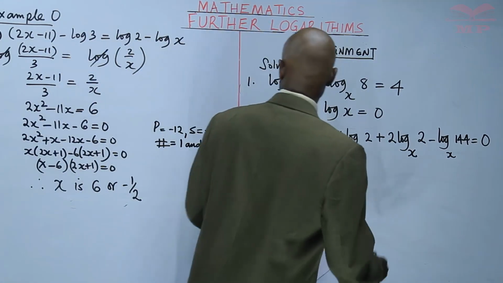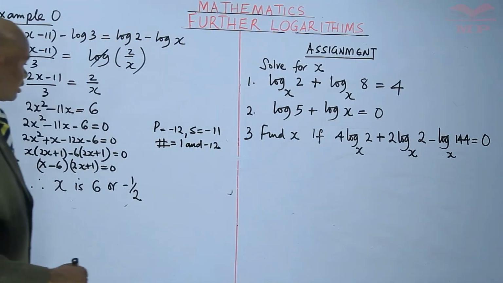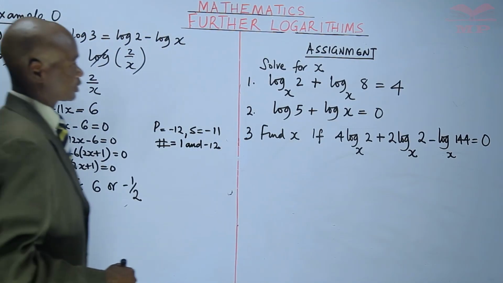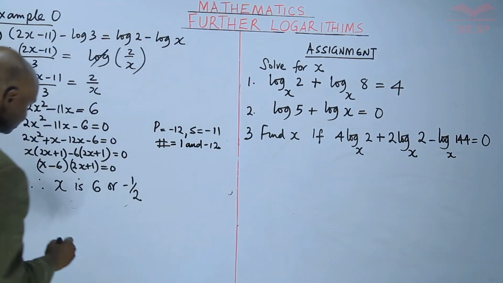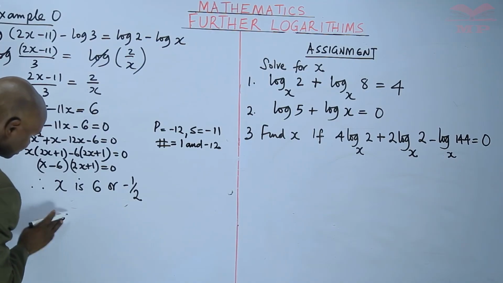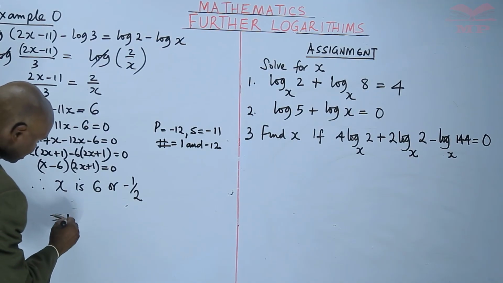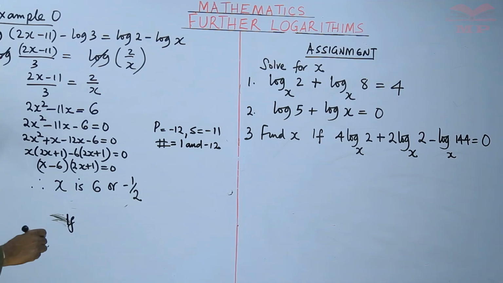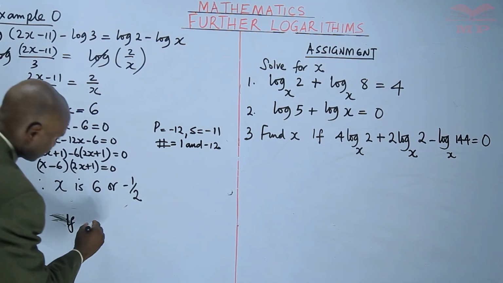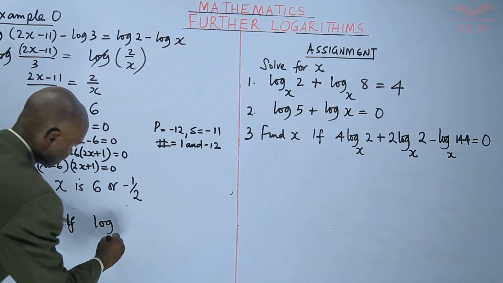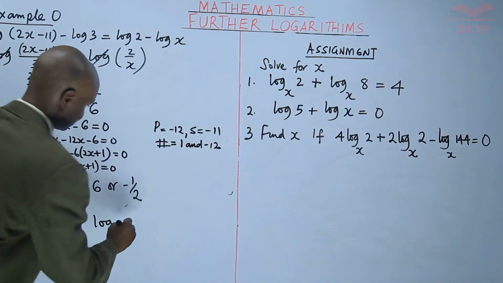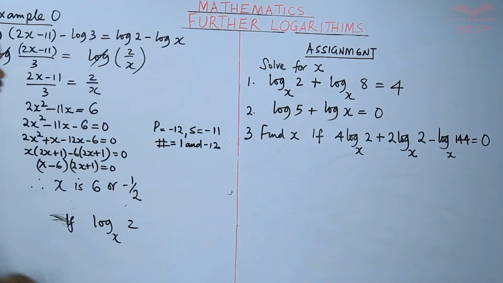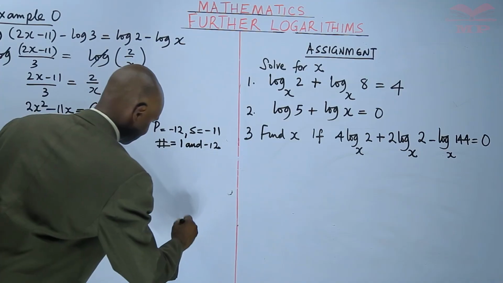So just to give something like a recap, if we had, for example, log of x with a 2, and there is a 4 given.